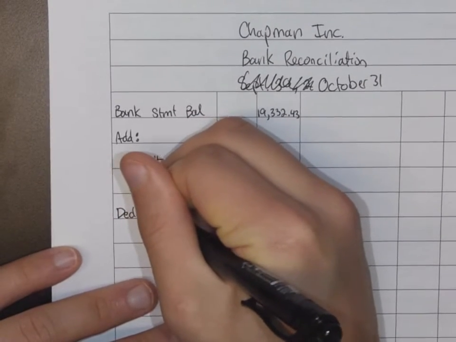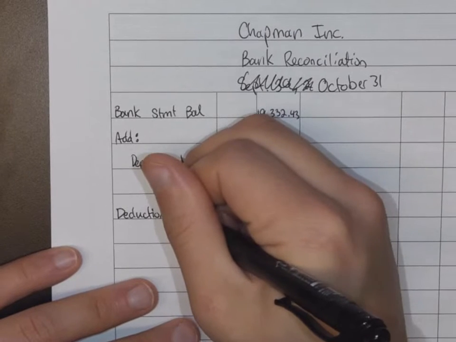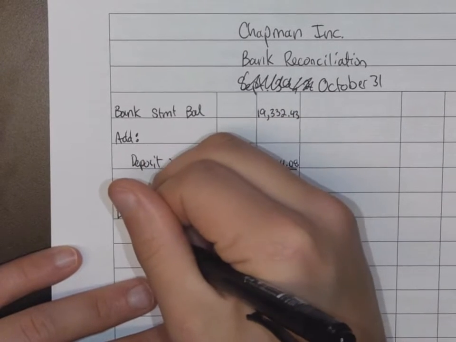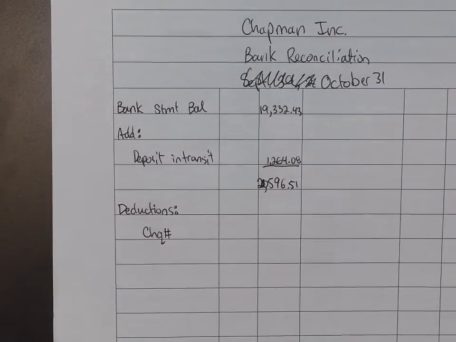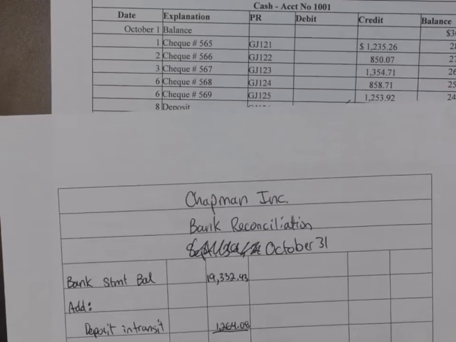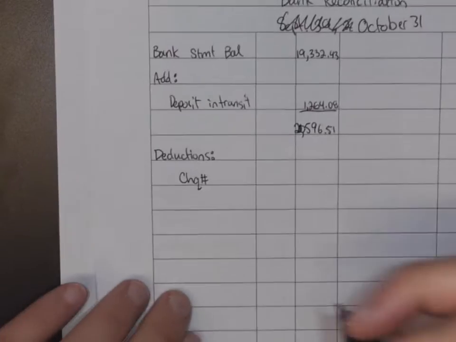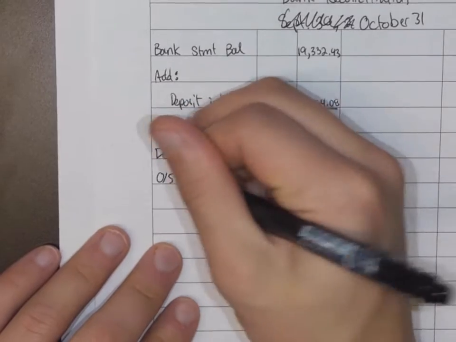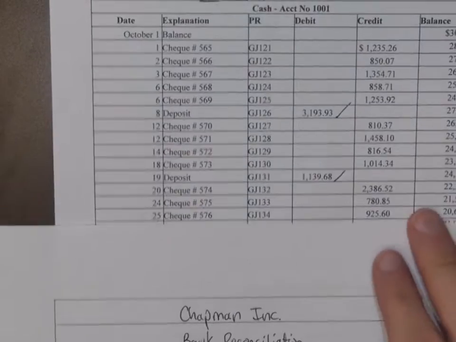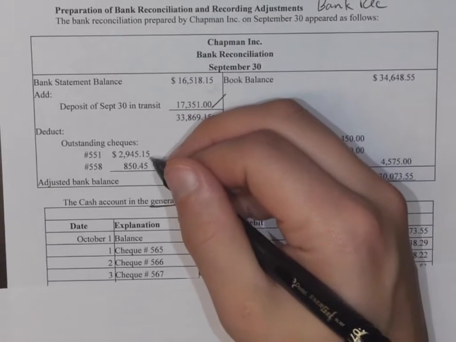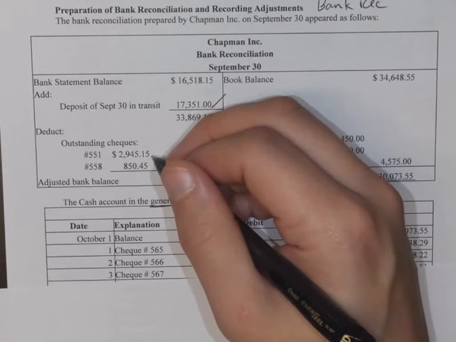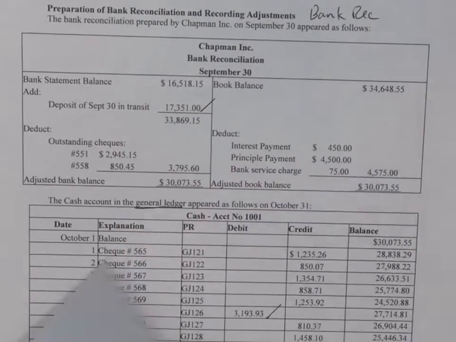And we are now going to do our deductions. I'm looking for outstanding checks. Now we're going to start again with the last bank statement. We were waiting on check 551.